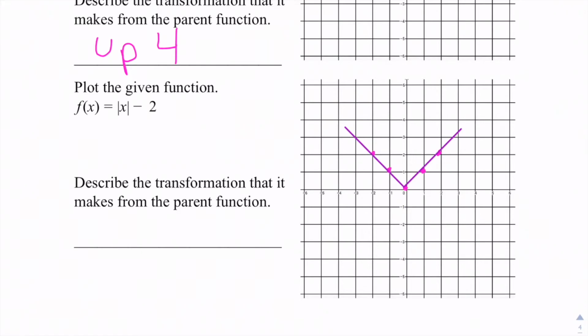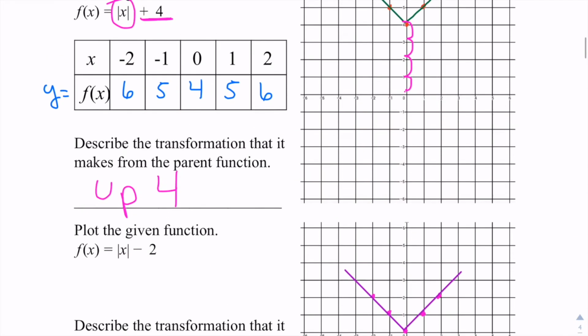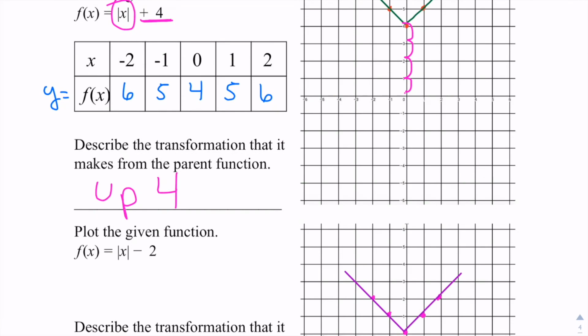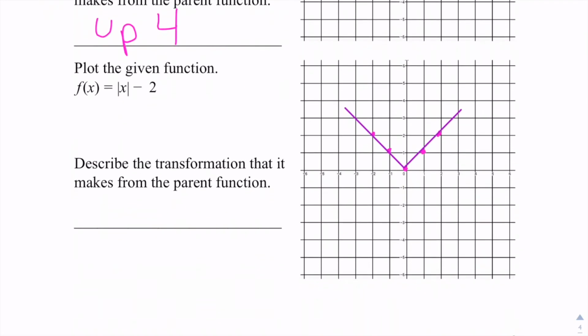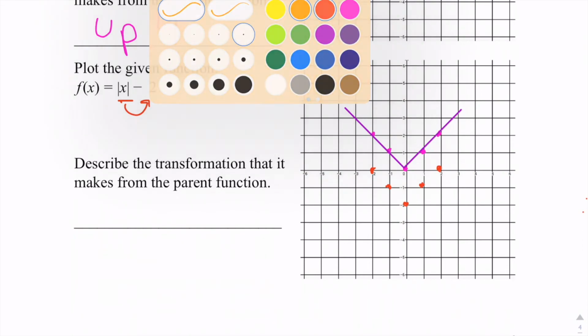Now, if I graph this other function, from knowing what I did with this previous function, that I went up 4 when I had a positive 4, I can see that when I have a negative 2 on the outside of the absolute value, that's very important, it's outside of it, I just come down to plot my vertex, and then I go up 1 over 1, up 1 over 1, and over here I go up 1, left 1, and up 1, left 1, sketching my graph.